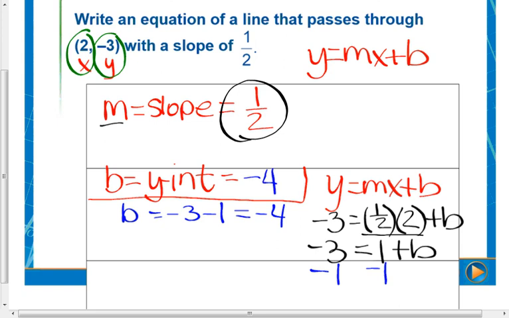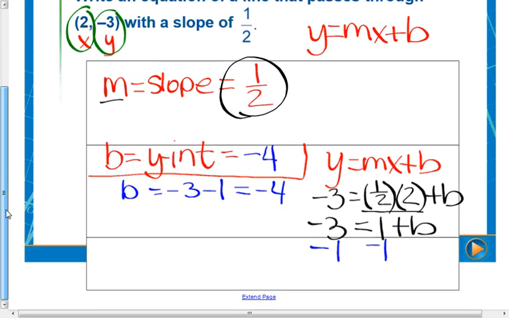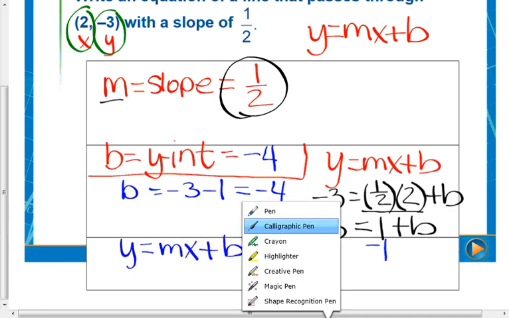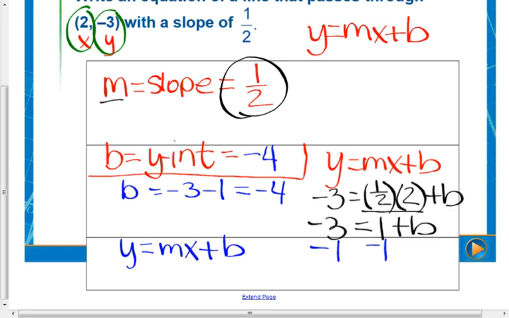Okay, now I know what m is, and now I know what b is. Whenever we're writing an equation, the only two variables that I want to leave in there are x and y. So we're going to plug it in. We got y equals mx plus b. So the ones that I want to replace are m and b. And I know those. b's this, m is that.